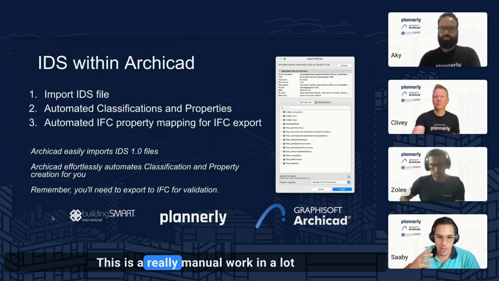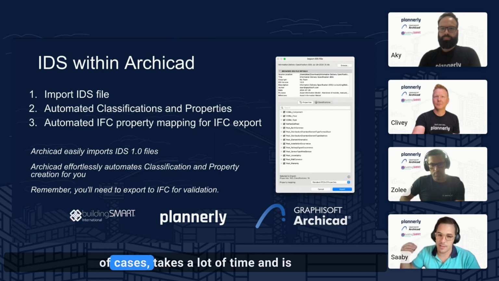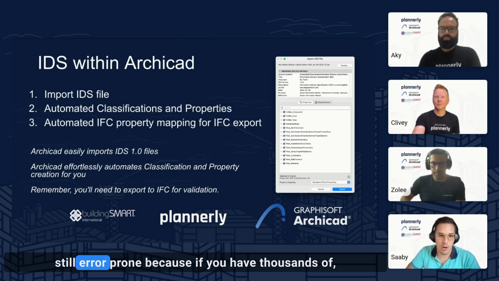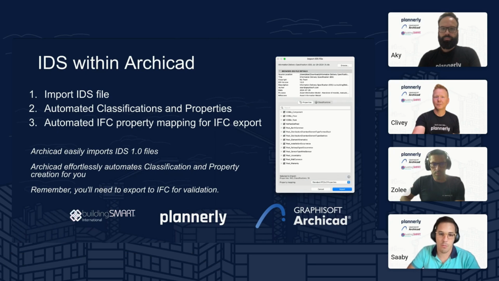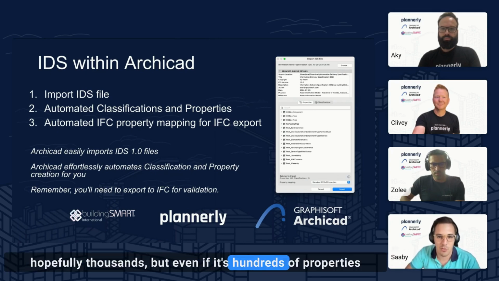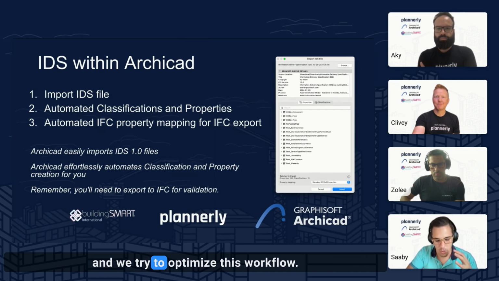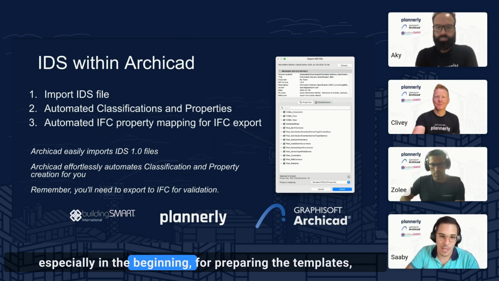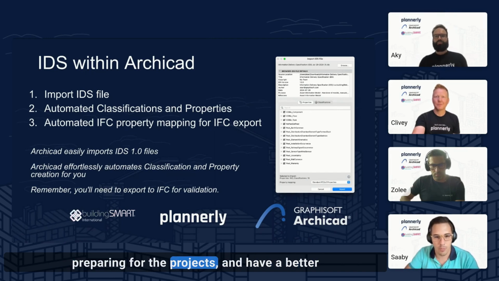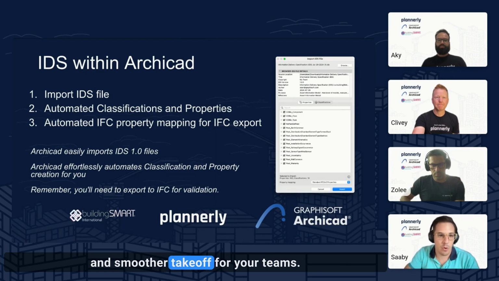This is a really manual work in a lot of cases, takes a lot of time and super error prone, because if you have thousands of, hopefully thousands, but even if it's hundreds of properties and classifications, there's a lot that can go south. And we try to optimize this workflow, especially in the beginning, for preparing the templates, preparing for the projects, and have a better and smoother takeoff for your teams.